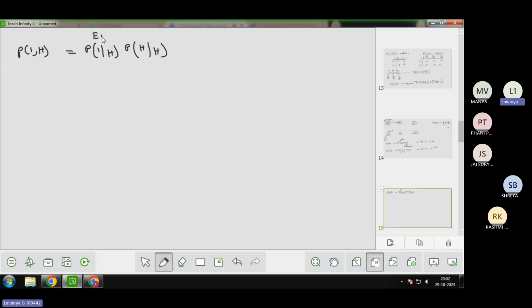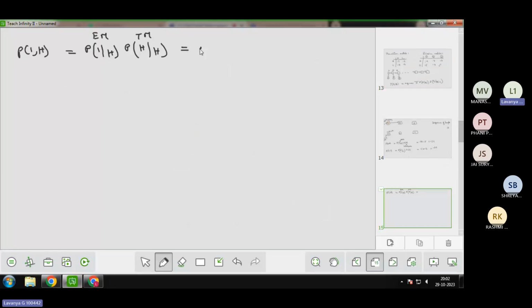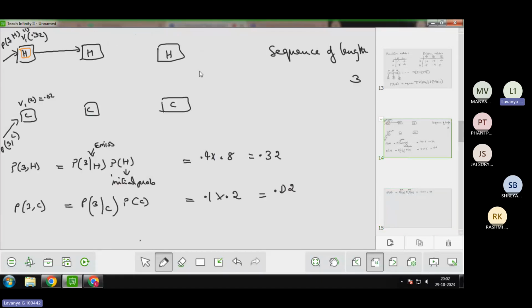This is my emission probability. This is my transition probability. The transition matrix I will use for this value and the emission matrix for this value. 1H value is given by 0.2 and the H to H value is 0.7. So it is 0.2 into 0.7, 0.14. So here this value on the figure is 0.14.